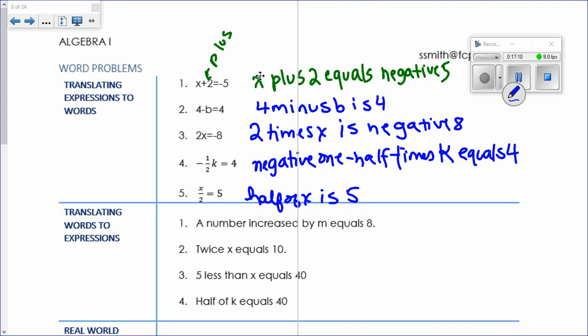Number 2, Fernando. Number 3, Kathleen. Half of x. You can put x divided by 2.